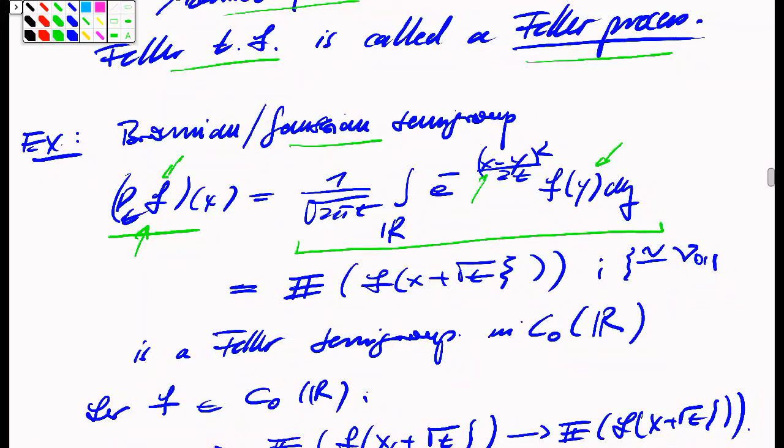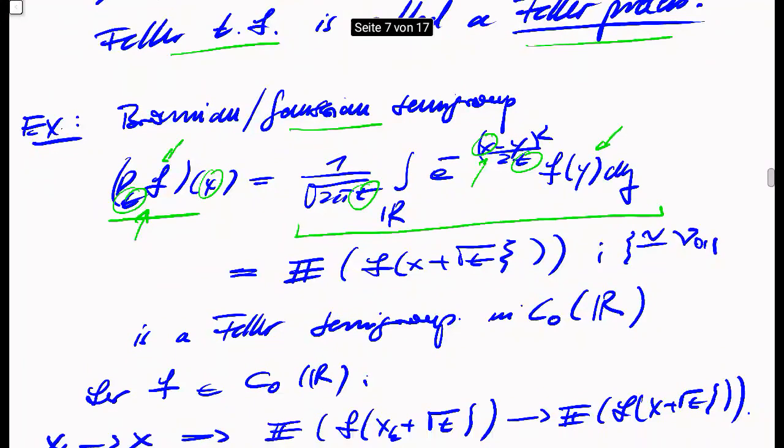This is the spatial shift by the position x, and which is properly scaled with respect to time to account for the time parameter. So this x parameter is here the additive shift by which we move the center of the Gaussian, and the t variable stands for the variance of the Brownian motion at time t.